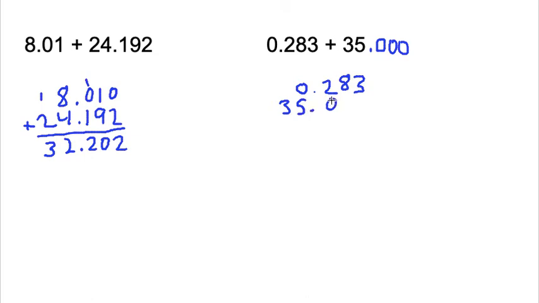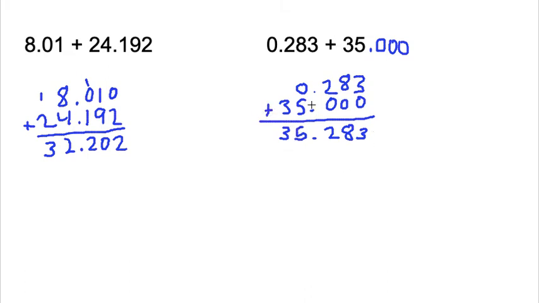So we have our decimals there. In this case, we really don't combine anything when we are adding, and we end up with just 35 and 283 thousandths for our answer when we add those two together.